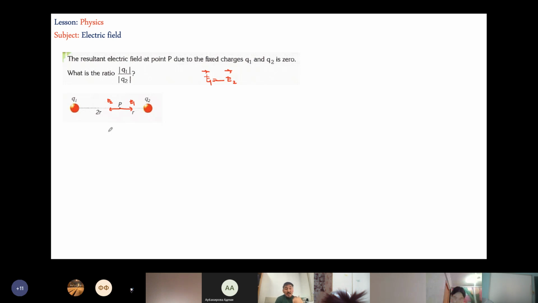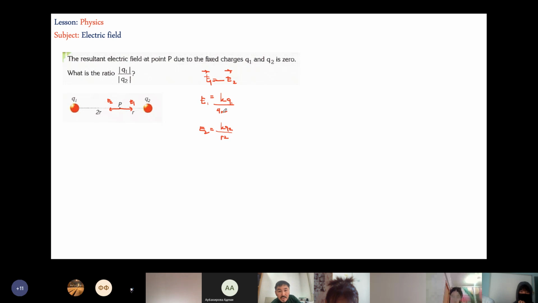Okay, let's compare answers. Now, E1, of course, I will have K times Q1 over d squared, which is 4R squared. And E2, of course, by the same logic, K times Q2 over R squared.